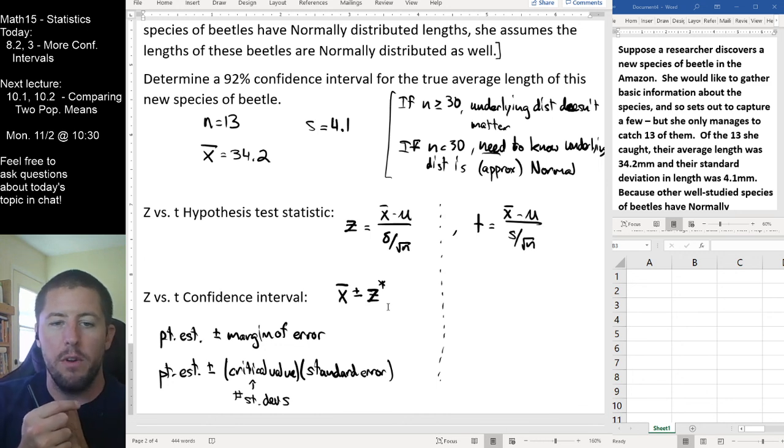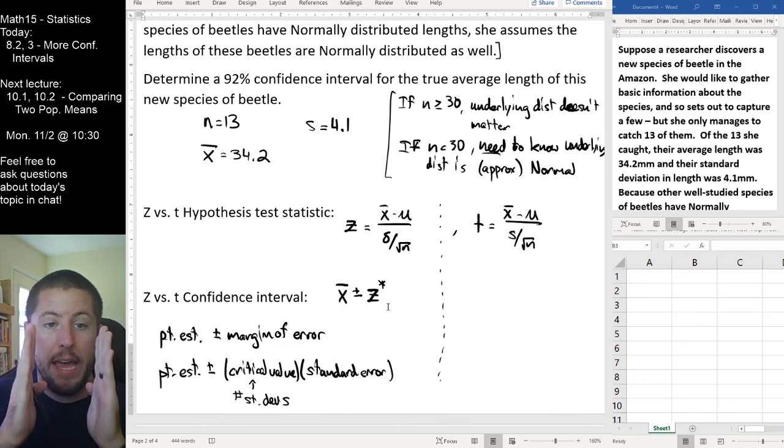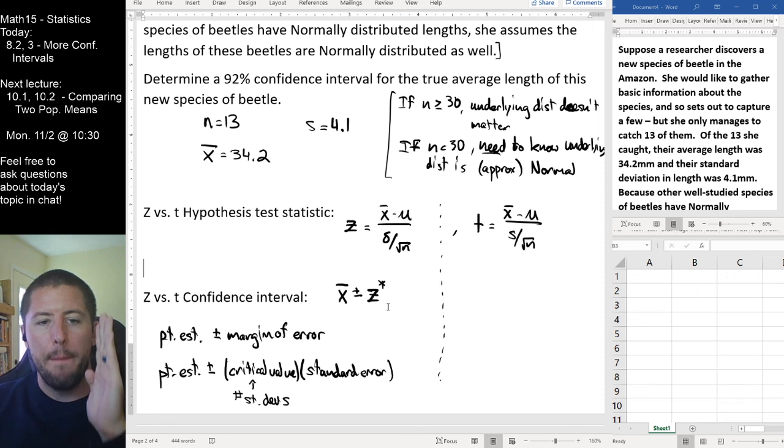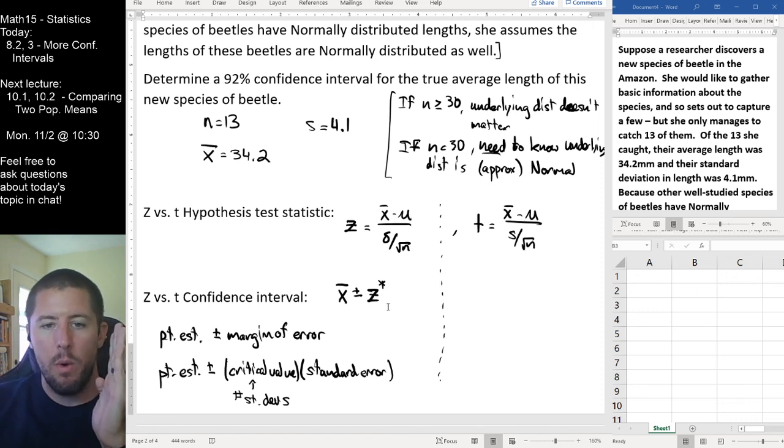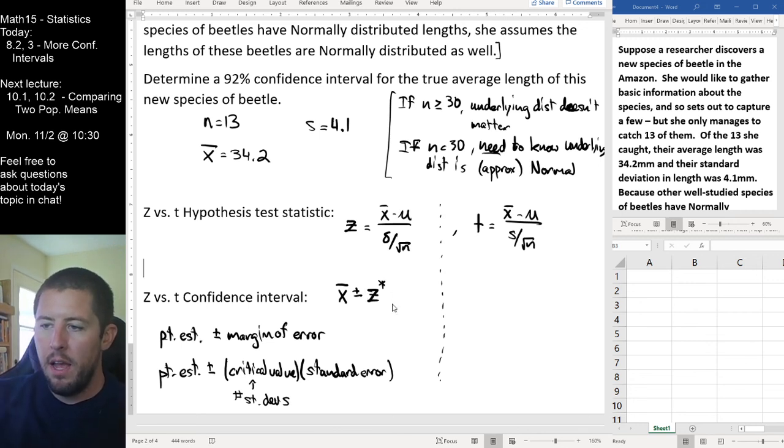So I would look for the middle 92% of a Z distribution, and wherever the upper bound location of that middle percent is, that's what we're referring to as Z star. It's our critical value, our boundary between that middle desired percent and the tail. That's the number of standard deviations times the length of one standard deviation according to our sampling distribution, which is sigma over root n.